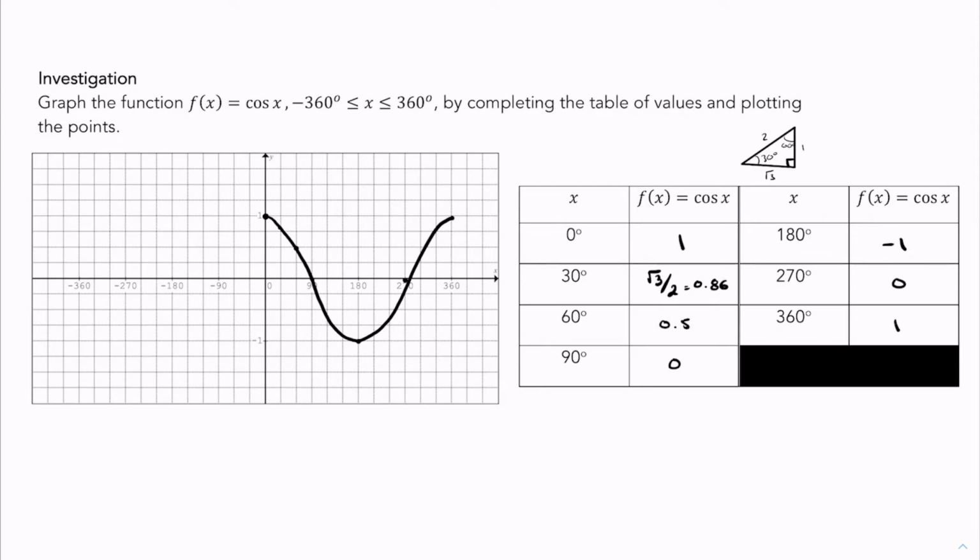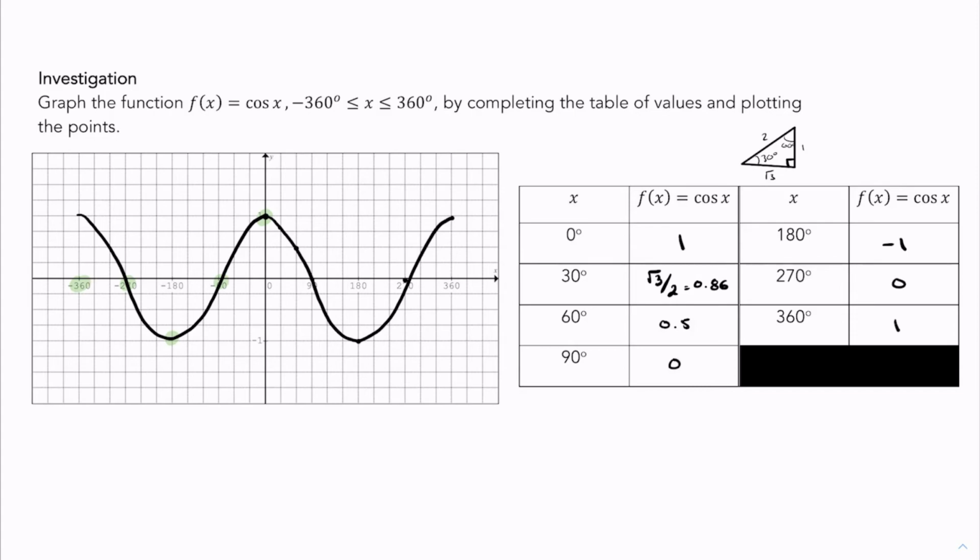I'm going to double this because I'm going in from -360 to 360 by putting it just over here. And again, you can work out the values if you like yourself for -360, for -270, -180, for -90, and 0 again. You will find that the values line up.